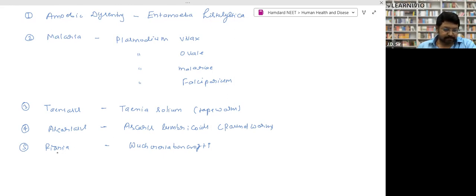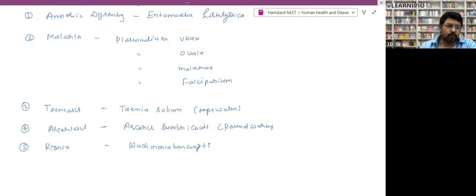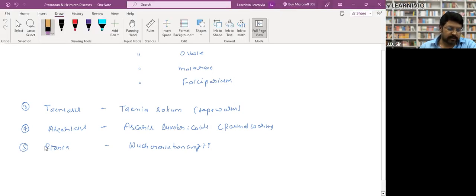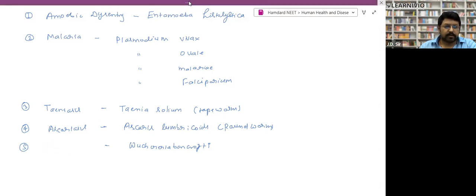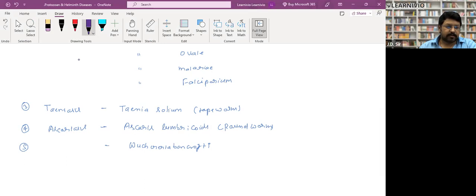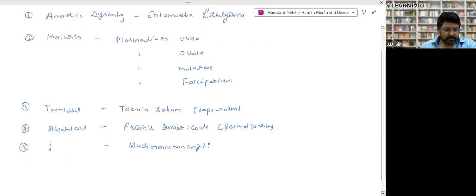And that is Wuchereria bancrofti. It is responsible for the disease filaria. Filaria is also known as elephantiasis, as I have told you.